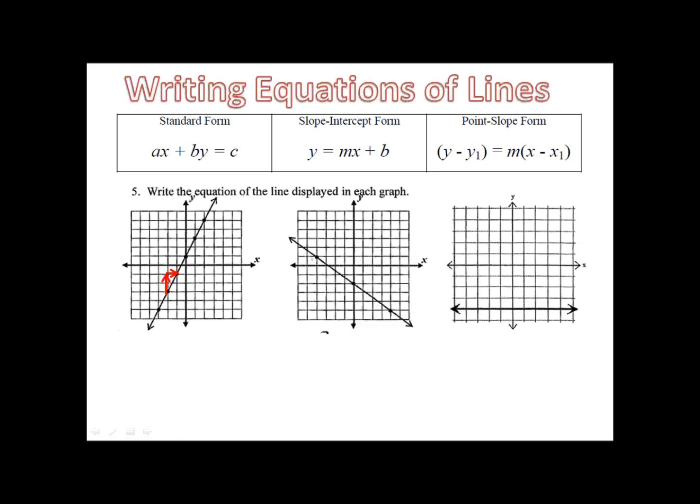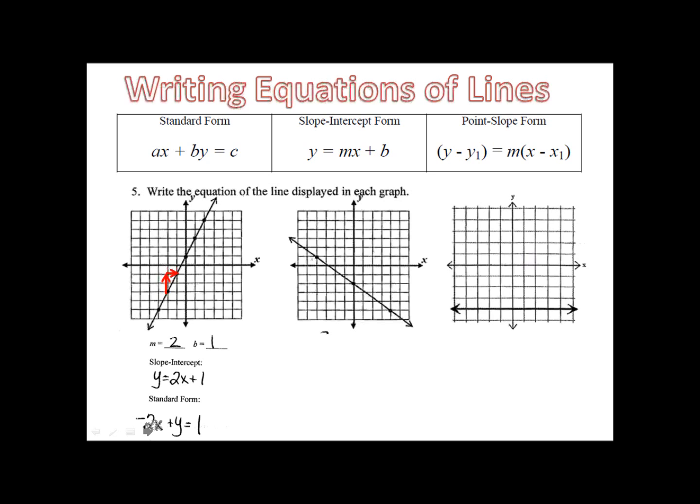And so my slope is 2, my y-intercept is 1, y equals mx plus b, y equals 2x plus 1. I can also write it in standard form by subtracting the 2x, so I have negative 2x plus y equals 1. Please pause the video here and write the equation for the graphs that follow.